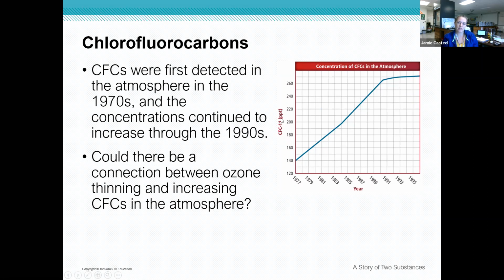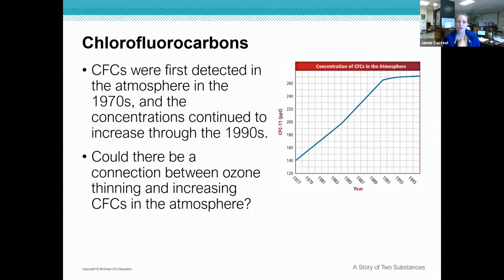So this says PPT. Here's our axis here. We're measuring chlorofluorocarbon 11, so it's a certain mass of chlorofluorocarbon, and it's parts per trillion. So how many parts were there per trillion parts of air? So it's like a ratio, right? Like 1 out of 5, like 1 out of a trillion.